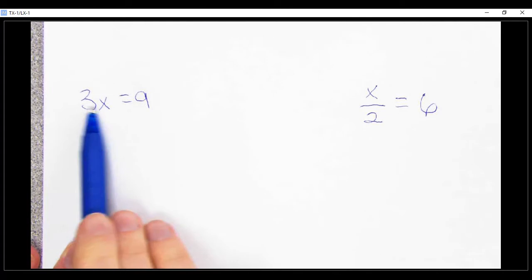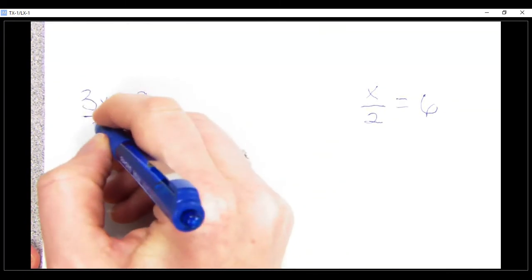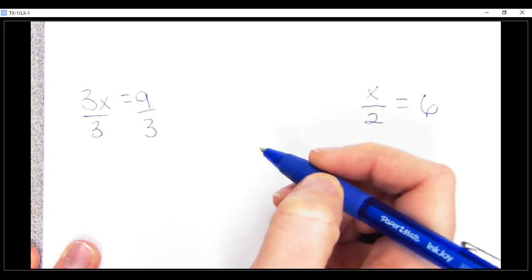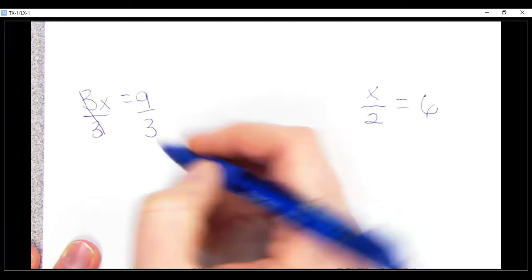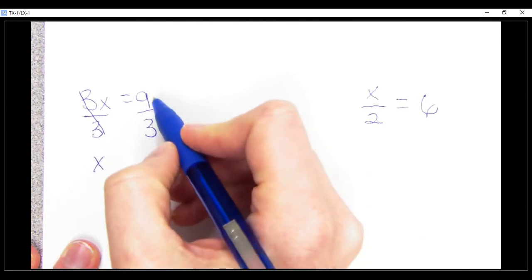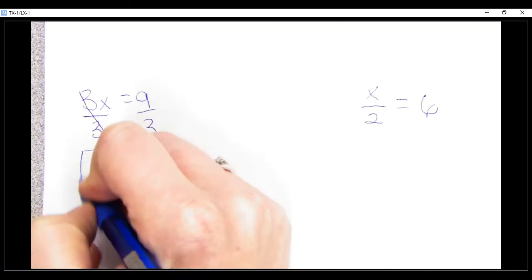So I know that this means multiplication, and the opposite of multiplication is division. So I'm going to divide by 3 on both sides of the equal sign. 3 divided by 3 cancel right out, and that gets my x all by itself. And 9 divided by 3, I know is 3.